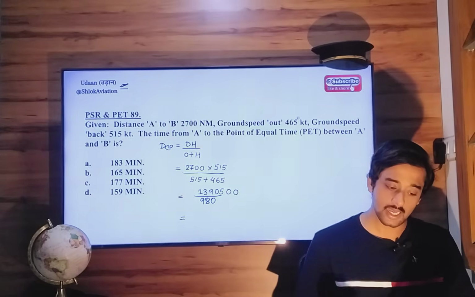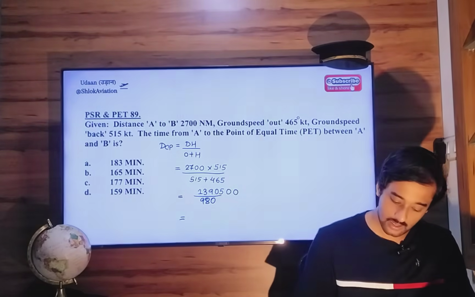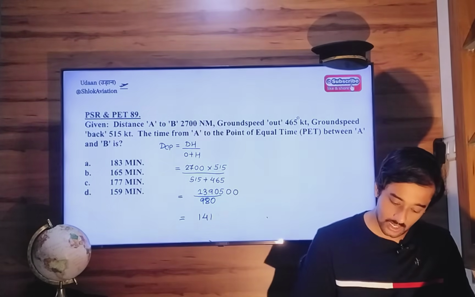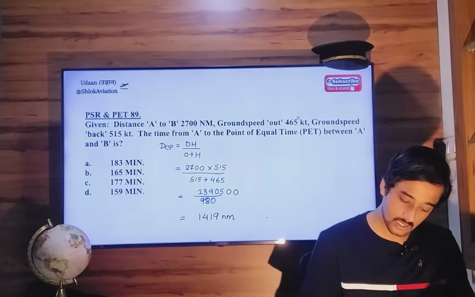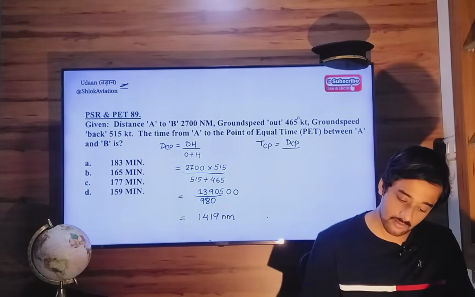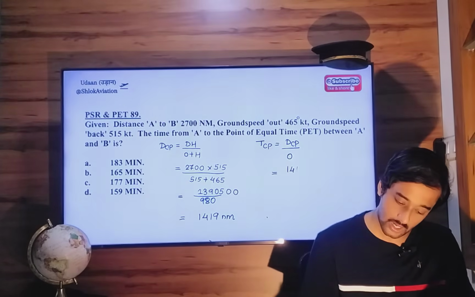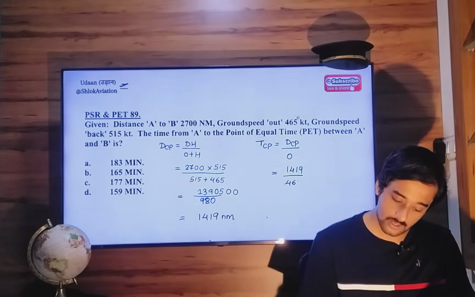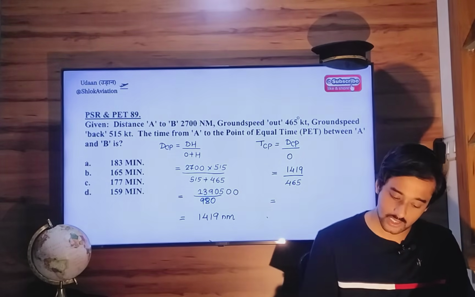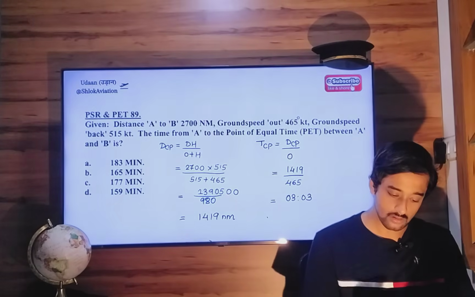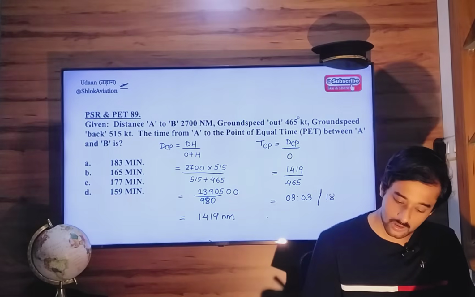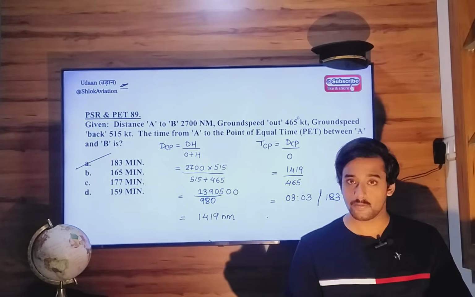So divide by 980 is 1418.8. Let's say 1419 nautical miles. Time to critical point will be distance to critical point divided by outbound speed. So 1419 divided by 465, 3 hours 3 minutes, 183 minutes. Okay? So the correct answer is Alpha.